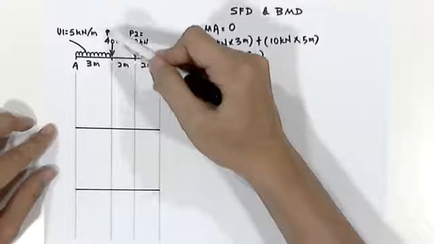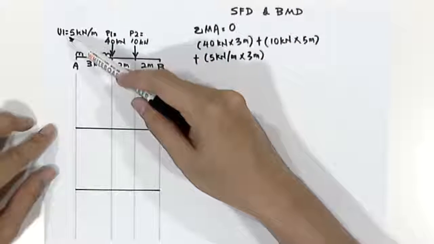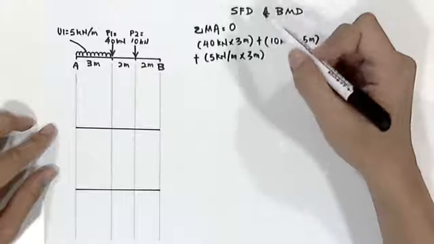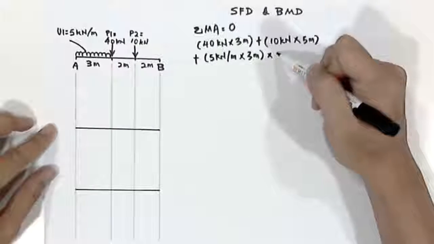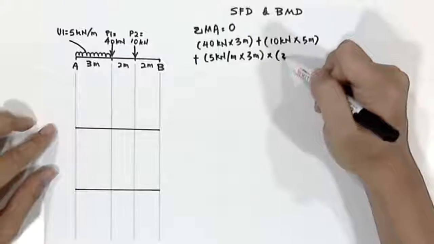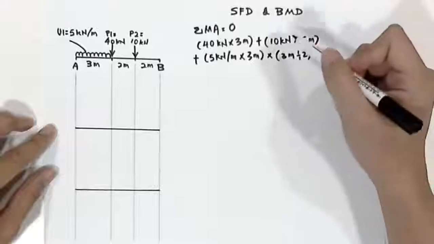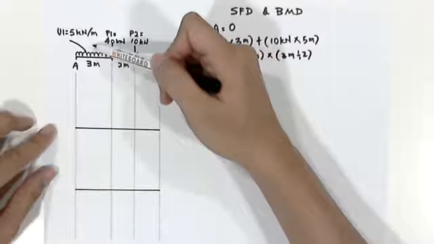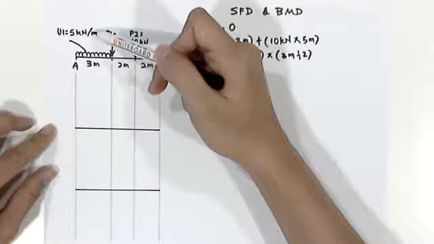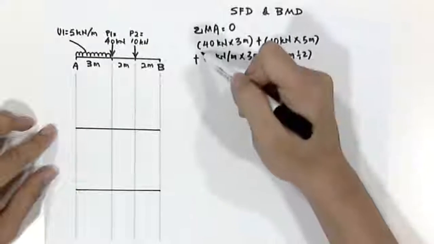This is to get the total load coming from the uniform load U1. Then we have times the new distance, which is 3 meter divided by 2. As you can see, the newly converted uniform load will be acting at the middle of the span. That's why you have to times 3 meter divided by 2.